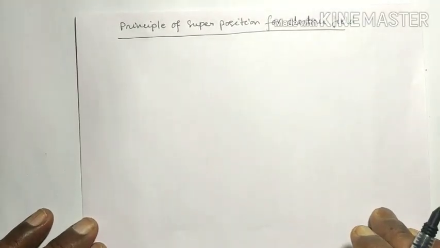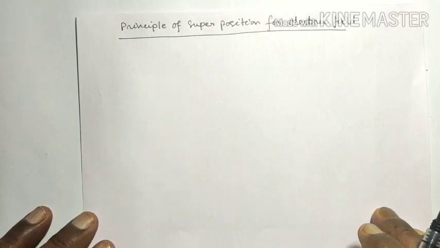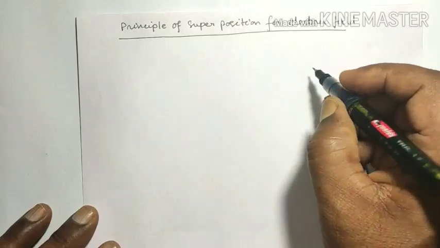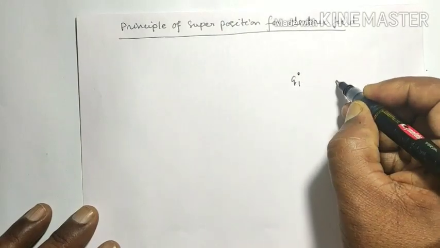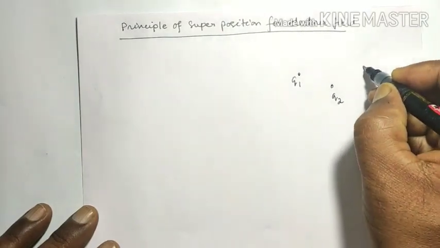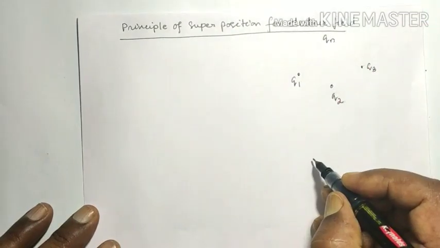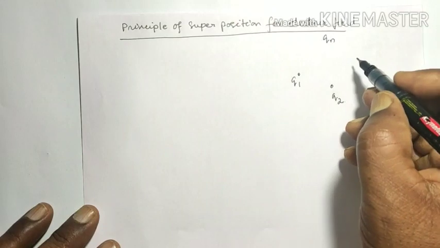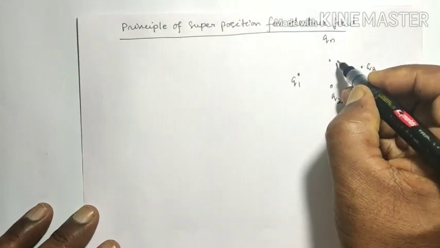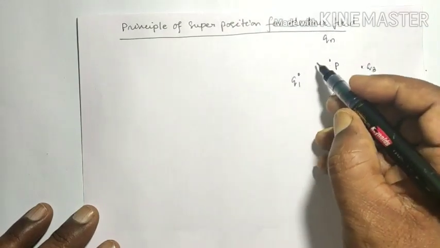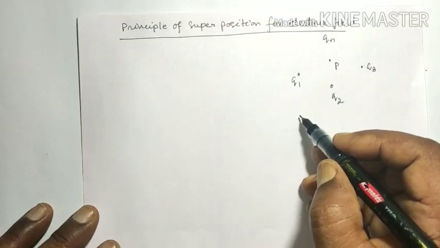Now we discuss the principle of superposition for electric field. We have a system of n point charges, Q1, Q2, Q3 up to Qn. Let us find the electric field at a point P due to these n point charges.